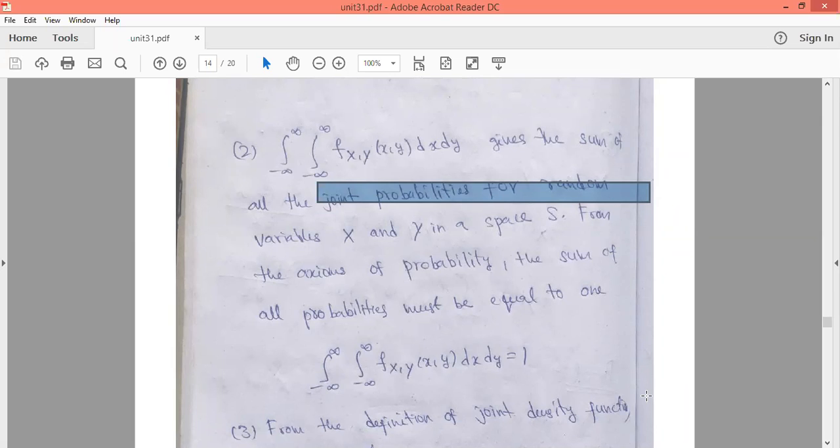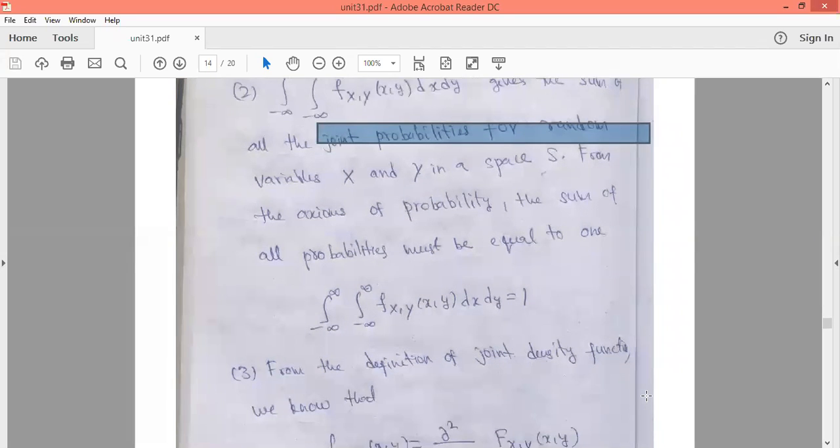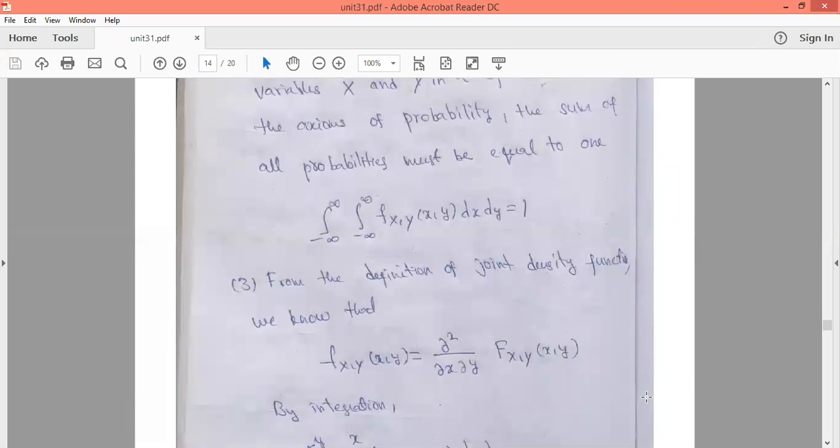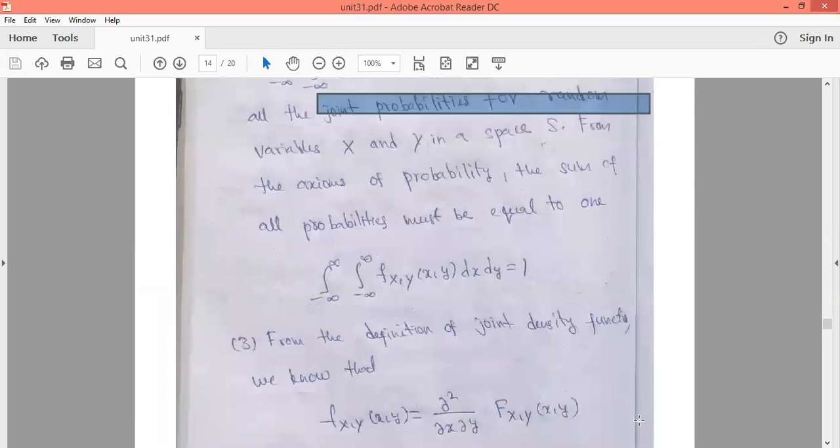So we know from the axioms of probability that the sum of all probabilities must be equal to 1. So the area under the probability density function will always be equal to 1. Okay, and what is the third property?